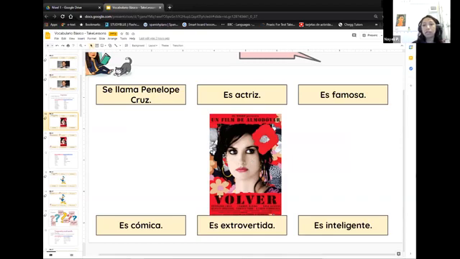Remember, the interaction is always great for you to learn better, for you to remember, because your fingers have memory too. So try to put it in the chat, please. Muy bien, chico. Me gusta Penélope. Sí, me gusta Penélope Cruz también. Muy bien.